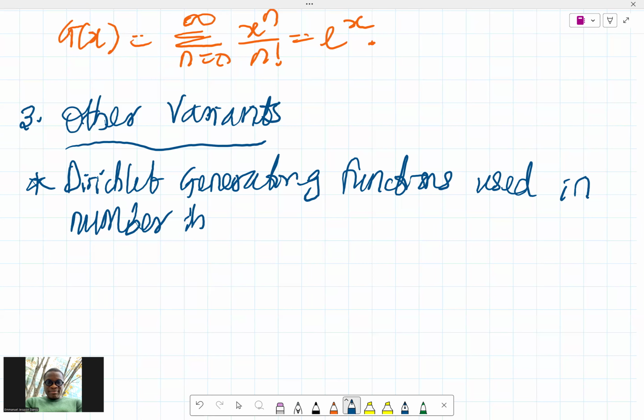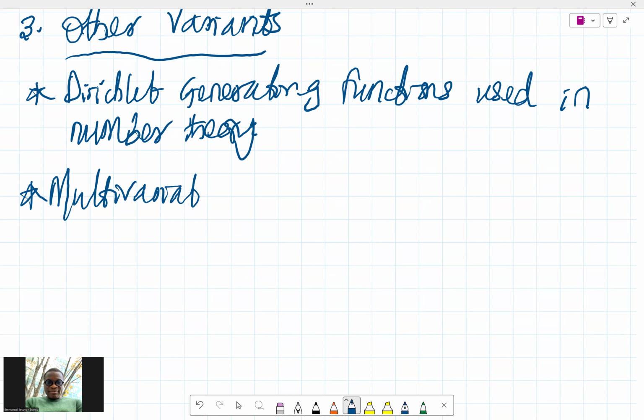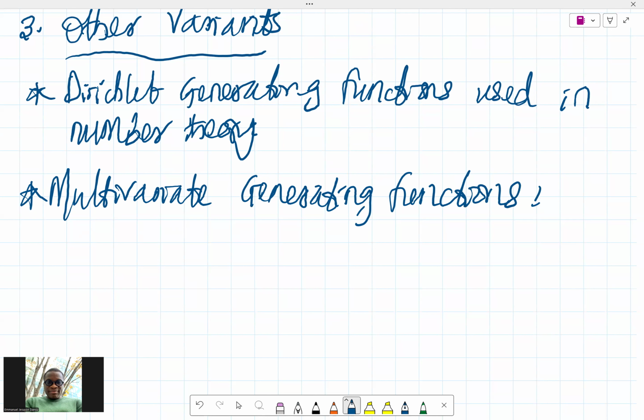Then you have multivariate generating functions, used in combinatorics.